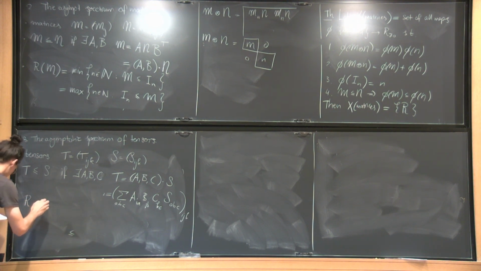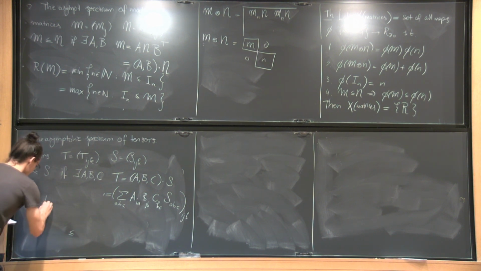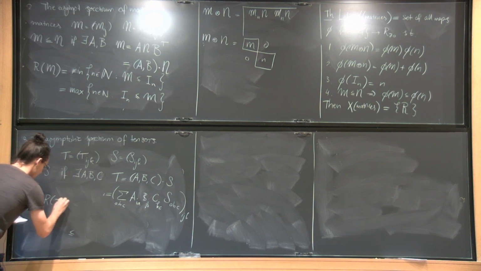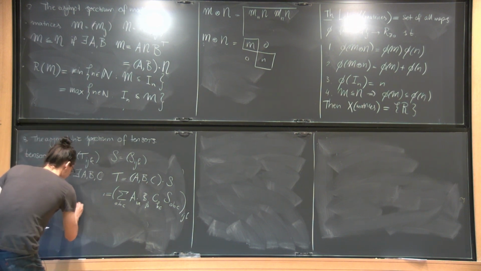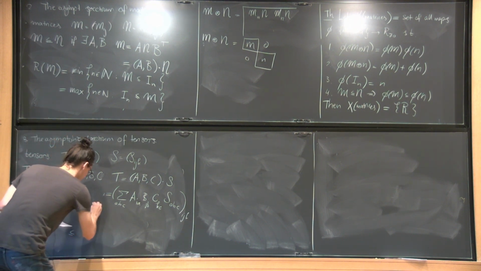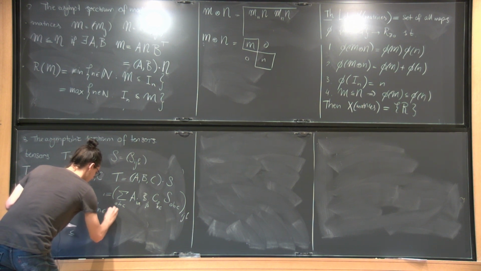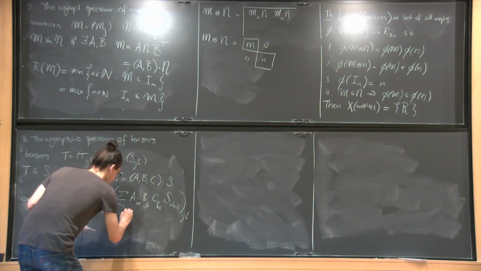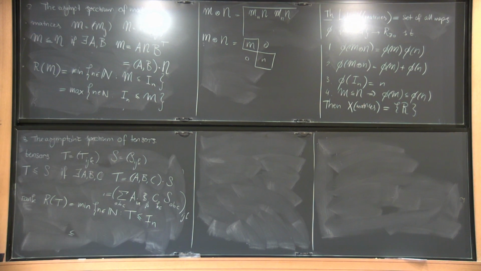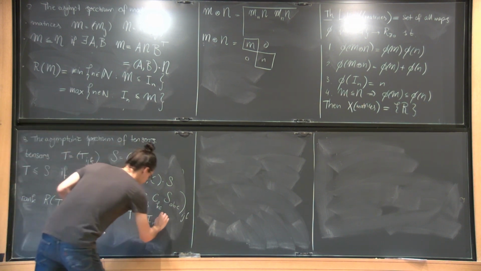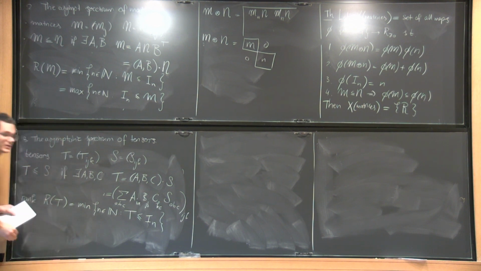There's the notion of tensor rank, and indeed it turns out that the tensor rank of T, which people talk a lot about in tensor theory, equals the minimum number n such that T is smaller than the n by n by n identity tensor, which is just an n by n by n tensor with ones on the main diagonal and zeros elsewhere. Because this is the tensor rank.